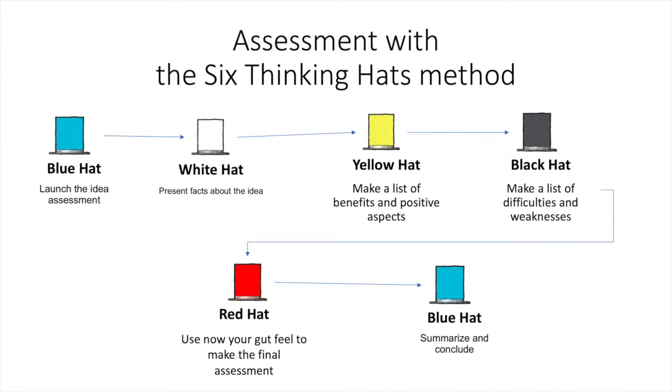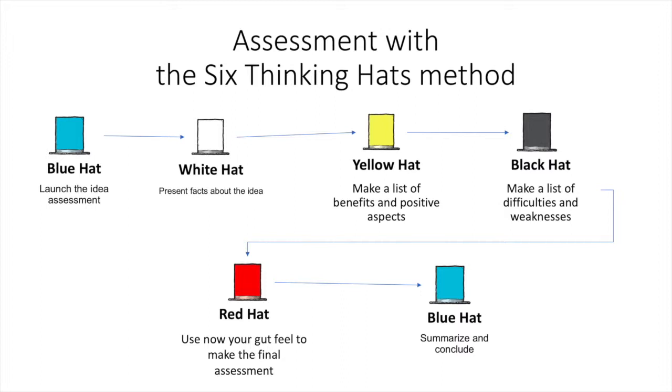Then we have the yellow hat. During this yellow hat, we make a list of benefits and positive aspects of the idea. After that, we continue to the black hat to make a list of risks, difficulties, and weaknesses that characterize the idea being assessed.